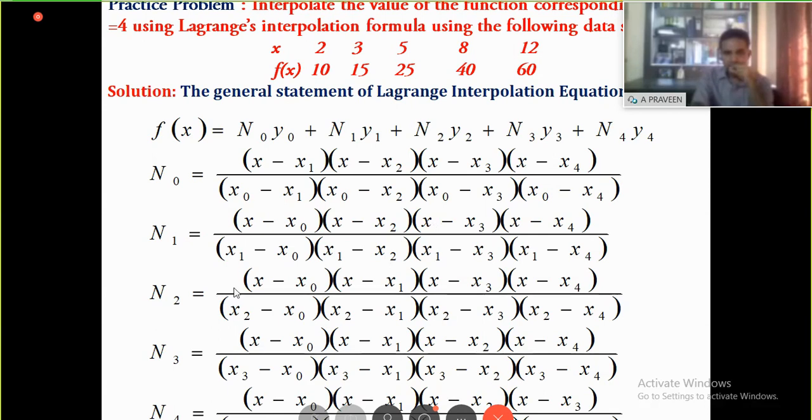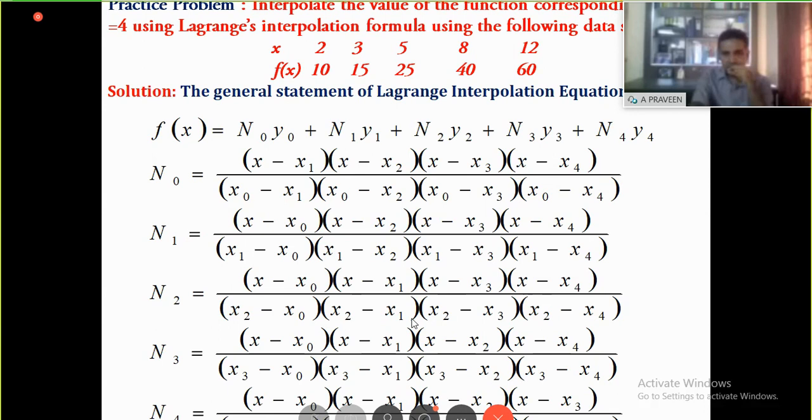For N2, the third polynomial, you have x minus x0 and x minus x1, but x2 doesn't come here. You have x minus x3 and x minus x4. In the denominator, you get (x2 minus x0), (x2 minus x1), (x2 minus x3), and (x2 minus x4).